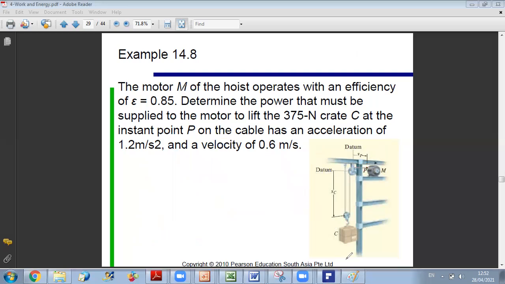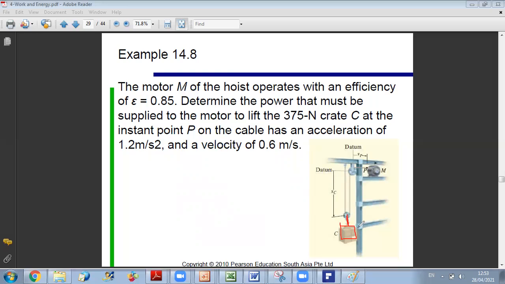What is the relation between velocities and accelerations? As usual, the first step is to put the coordinates. Block C is moving, and this block is connected to the center of the pulley, so they are moving together.